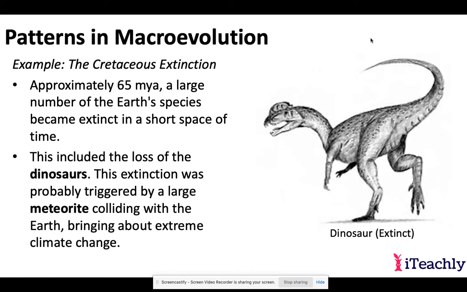It was probably triggered by a change in climate or a change in the ecosystem. They think it was a meteorite. Do we know for sure? No, we don't. But there is strong suggestion that a meteorite brought on an extreme climate change. And so their environment changed, and they could no longer adapt and survive.